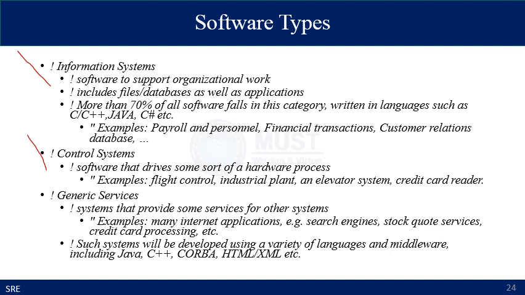Examples of such systems are internet applications such as search engines, stock quote services, credit card processing, etc. These systems are also developed using a variety of languages and middlewares including Java, C++, HTML, CSS, etc.